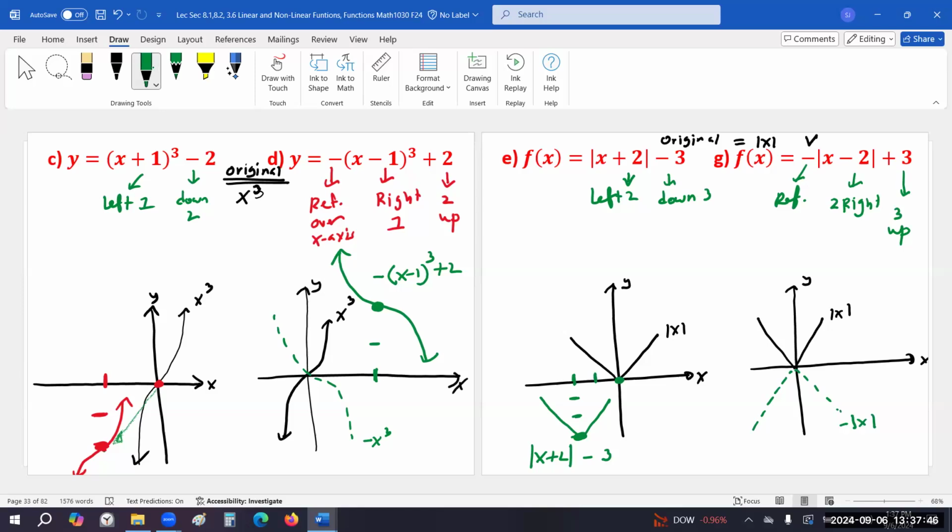This upside down goes 1 right, 2 right, 1 up, 2 up, 3 up here. And then drop. Negative absolute value of x minus 2, plus 3.